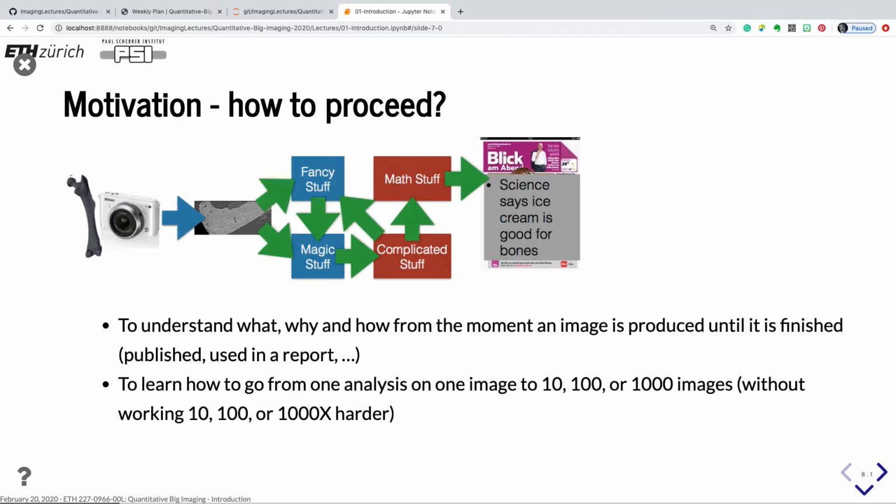Depending on beamline capacity, it's maybe 10, and you're happy when you get 10. And on other conditions, you may get thousands of images, but you don't want to do the manual work, clicking through the same workflow again and again and again 1,000 times. So you have to do something that automatizes it and let the computer do the main work.